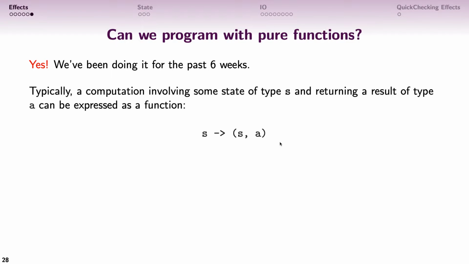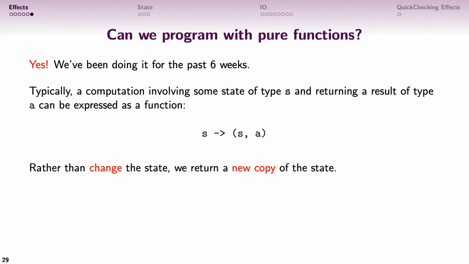So rather than mutate the state, rather than actually update variables and change things, we take in the old state and return a new state with the changes we want to make applied to it. This is like a pure approximation of what goes on with mutable programming, with imperative programming. So rather than change the state, we return a new copy.